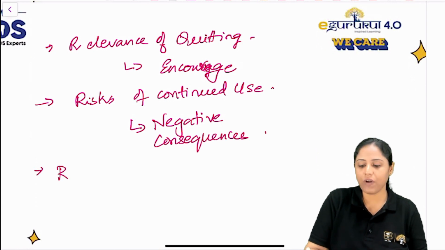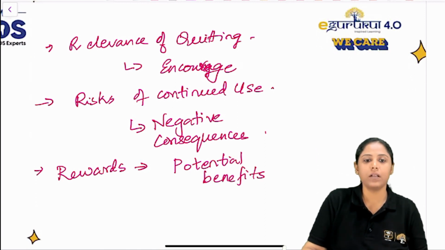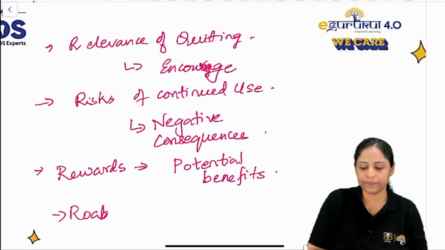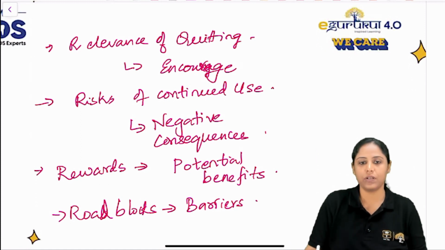Then the rewards of quitting. Ask the patient to identify potential benefits of quitting. The fourth R is roadblocks. The roadblocks to quitting have to be identified. The barriers have to be identified by the patient, which are the impediments to quitting.